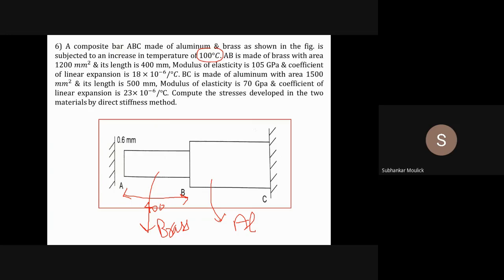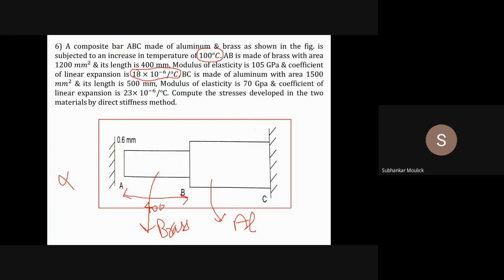Modulus of elasticity is 105 gigapascal. That means for brass, the value of E for AB is 105 gigapascal, and the coefficient of linear expansion is 18 into 10 to the power minus 6 per degree centigrade. That means for bar AB, alpha is 18 into 10 to the power minus 6 per degree centigrade.